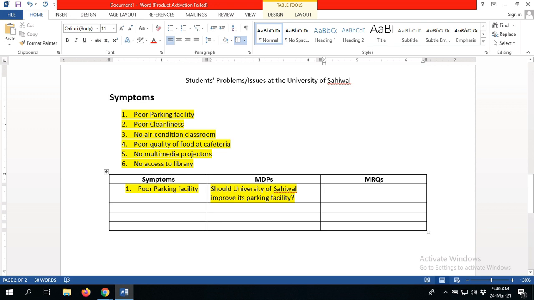Okay, so now we have written from the university perspective, based on the first symptom, poor parking facility, that should the University of Saiwal improve its parking facility.